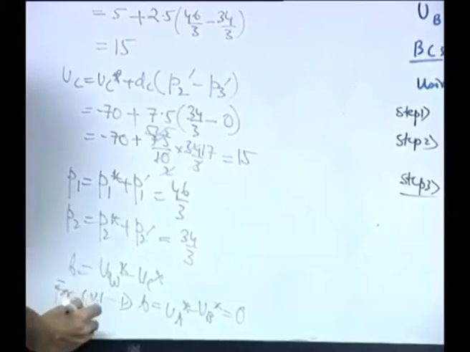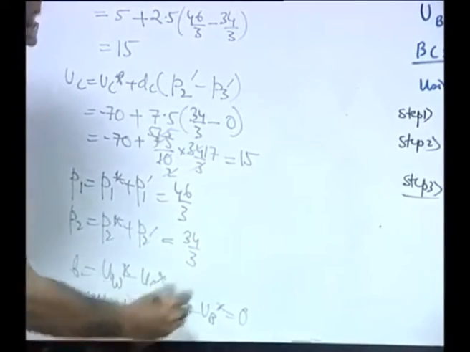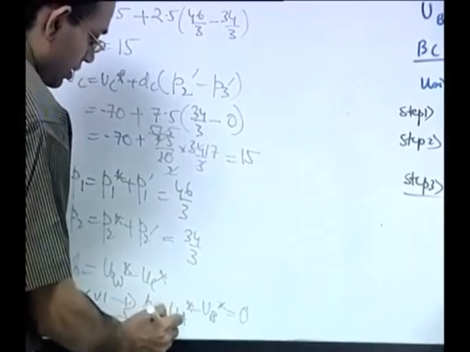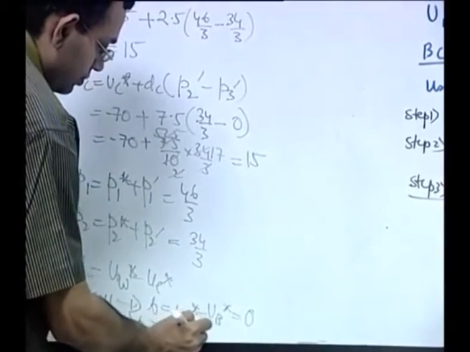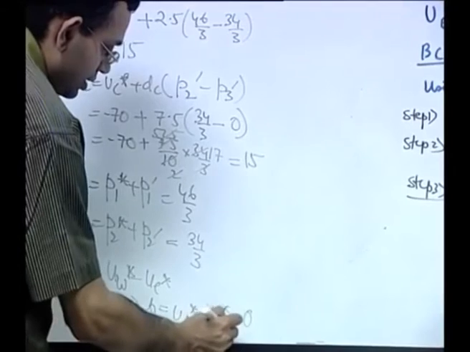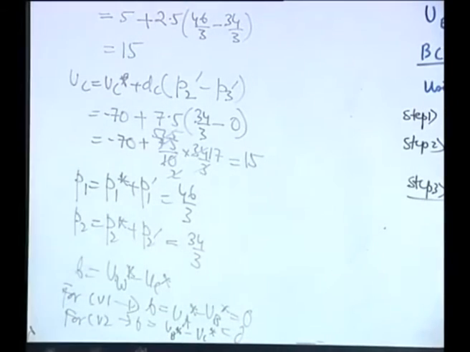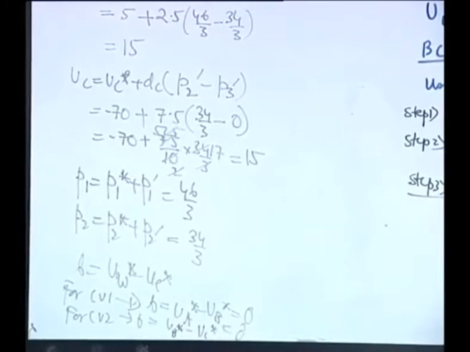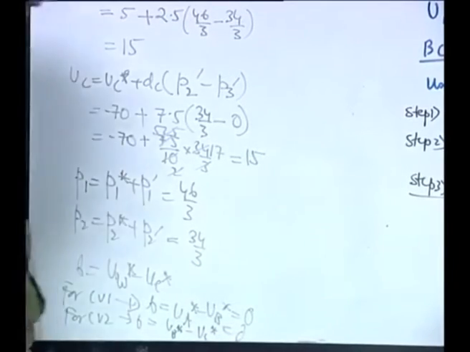For control volume 2, B equal to UB star minus UC star, this is equal to 0. That means it has converged.